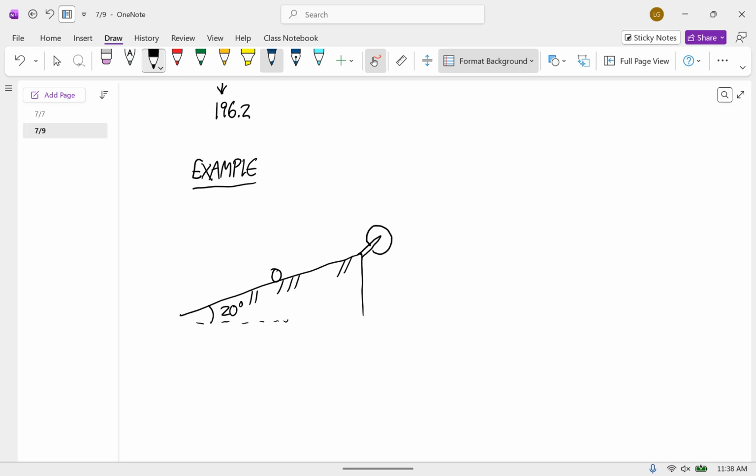And we have a frictionless contact with a cart. Let's say that this is 1 kilogram.